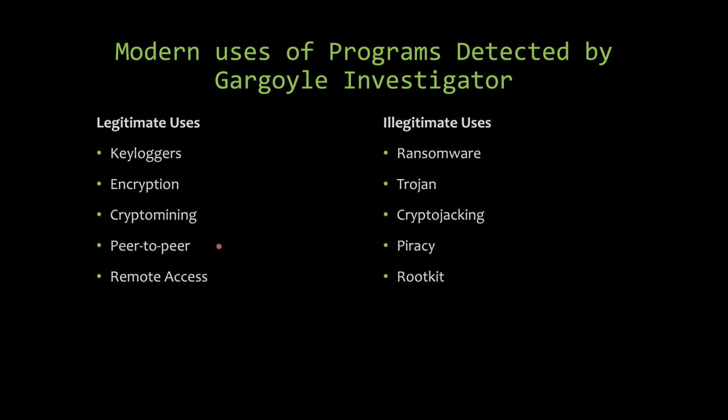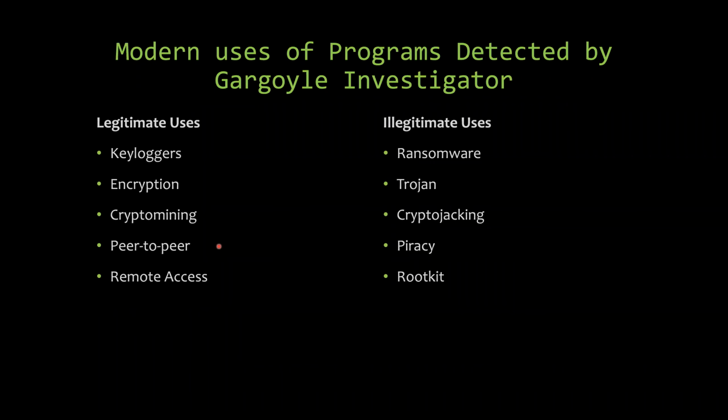Of course, there are peer-to-peer applications as well, which many of us use on a daily basis. For example, OneDrive, Dropbox, Google Drive, things like that, which absolutely have a legitimate use case of being able to facilitate data storage within the cloud and be able to share that among colleagues. But there are also illegitimate use cases for this as well, which would be used to pass those materials, whether it's stegware or anything like that, back and forth.